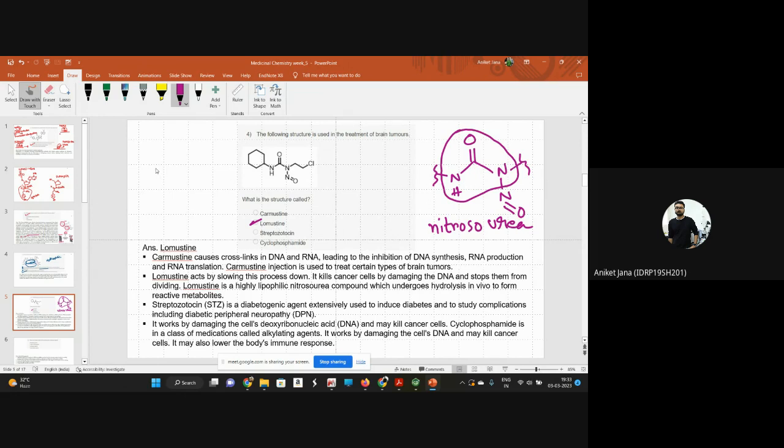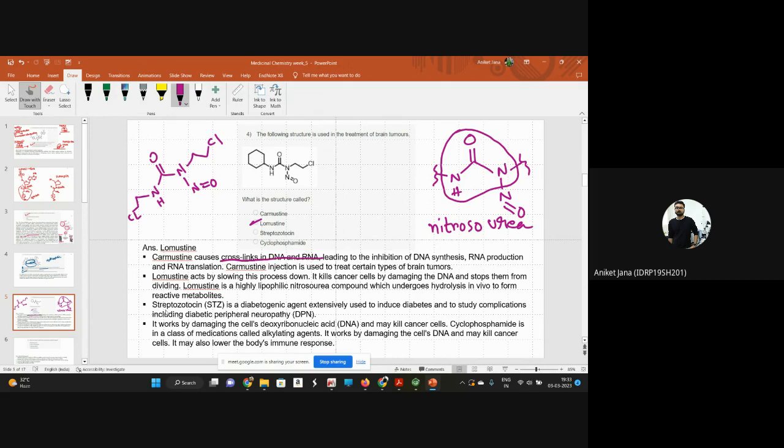It is a very similar structure. This is the structure of carmustine. How does it work? It cross-links DNA and RNA.